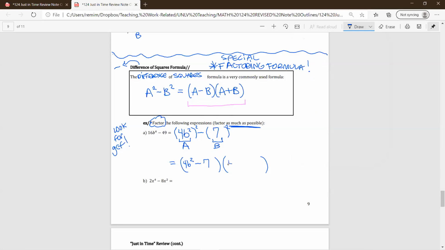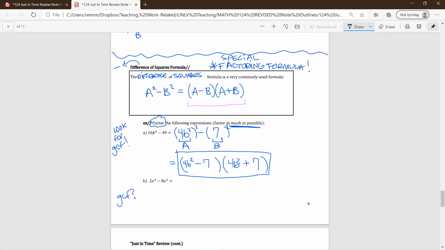So a is 4b squared plus b is 7. So this is a squared minus b squared is equal to a minus b times a plus b. Let's do another one.